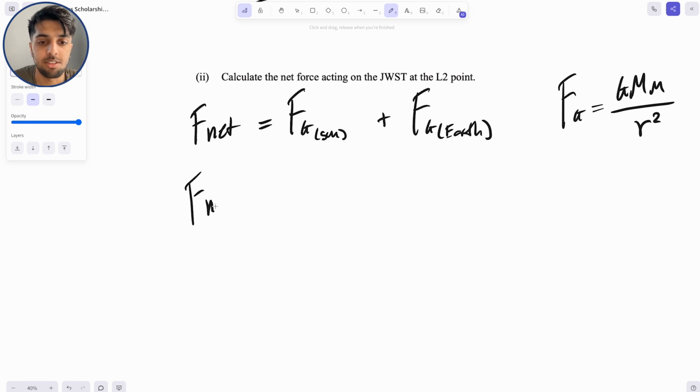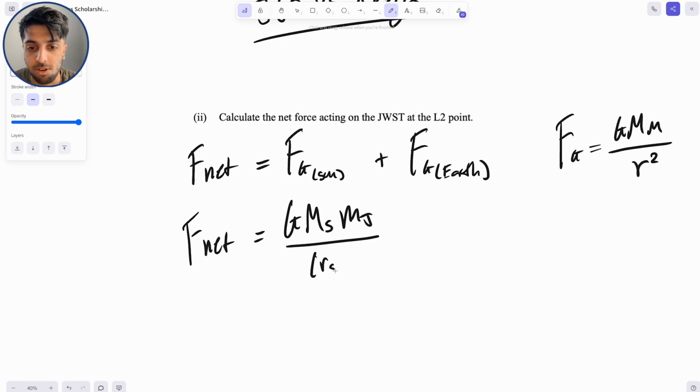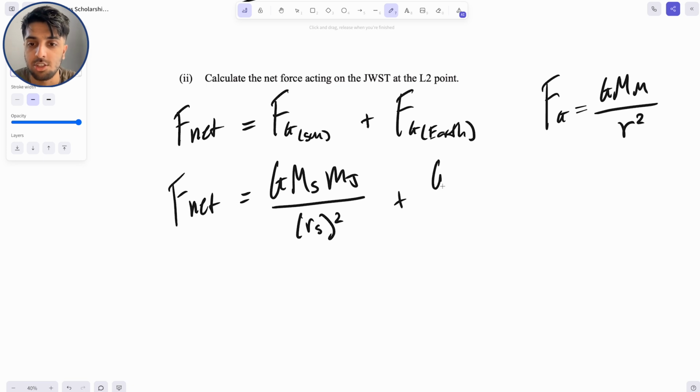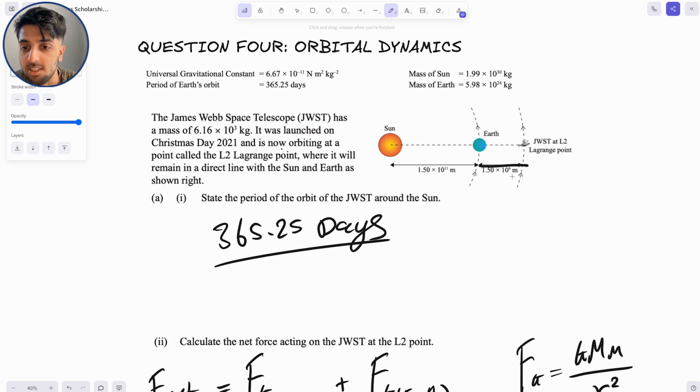And so F net is equal to the gravitational constant times the mass of the Sun times the mass of the James Webb Telescope, so mj, all over rs squared. Not radius of the Sun, I mean our Sun, it's this distance here. Plus G, the mass of the Earth times the mass of the James Webb Telescope all over re squared, and that distance re is this distance right here.